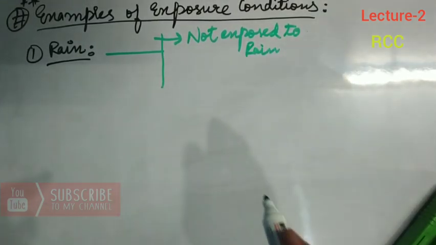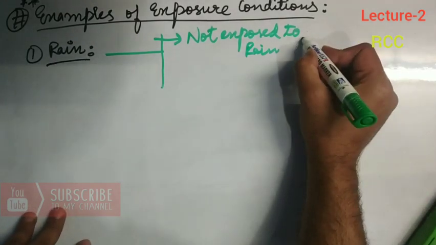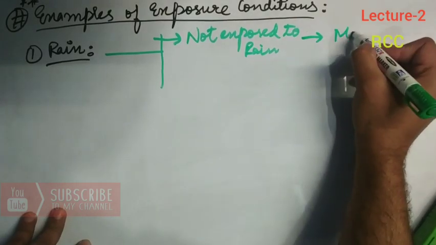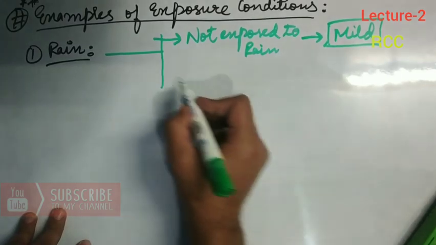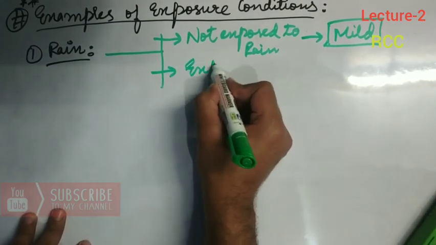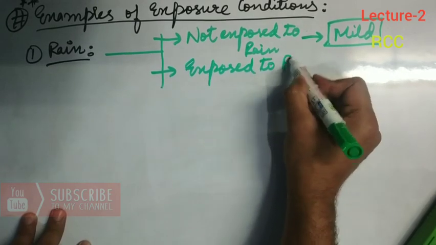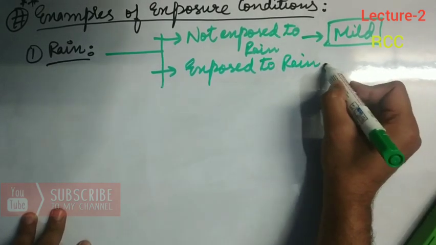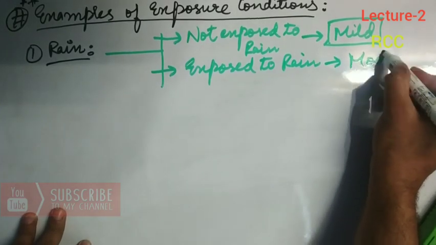So in this case, if the structure is not exposed to rain, or the concrete or RCC is not exposed to rain, the exposure condition will be mild. Remember. Second case is if the structure is exposed to rain. So if a structure is exposed to rain, the exposure condition will be moderate.